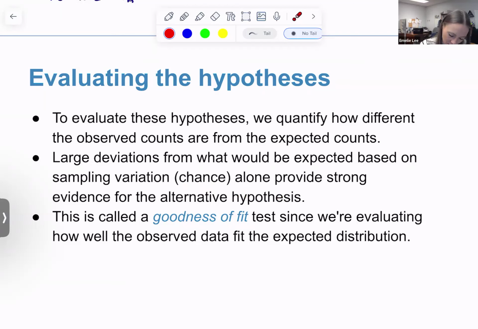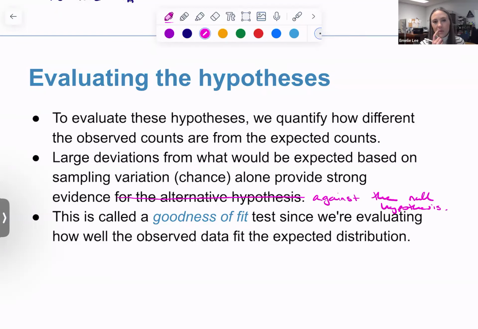I would probably prefer against the null hypothesis. Think about why I would change that. They sound the same, right? But we're always doing our testing assuming the null hypothesis is true, and so then I have evidence against the null hypothesis.